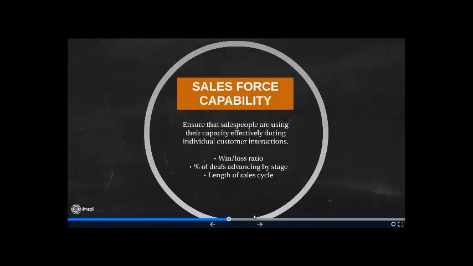The next objective was Salesforce capability, and this can be described as ensuring that people are using their capacity effectively during individual customer interactions. So a good way of measuring this would be looking at a win-loss ratio, percentage of deals advancing by stage within the sales pipeline, and length of the sales cycle.